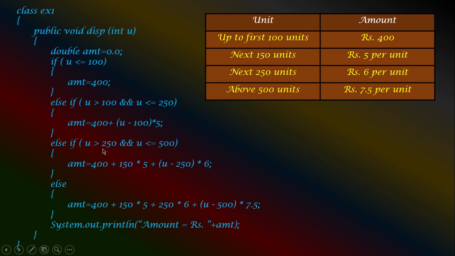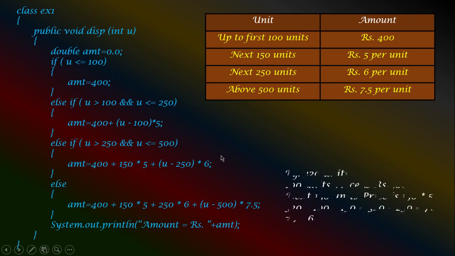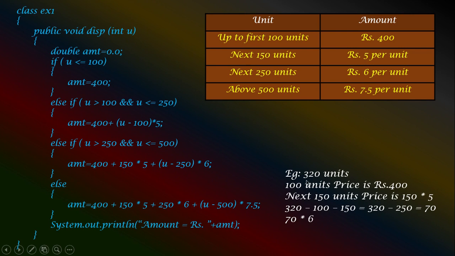So if my unit consumption is above 250 and less than equals to 500, then my bill value will be calculated like this. So for example, I have consumed 320 units. So in these 320 units, the first 100 units will be charged rupees 400. The next 150 units will be charged 150 into 5.